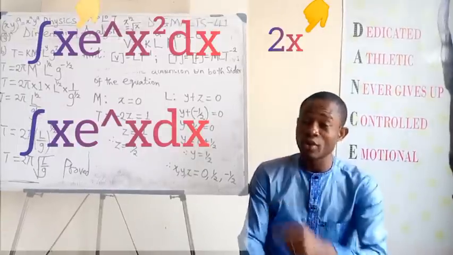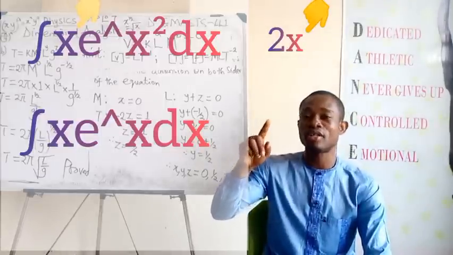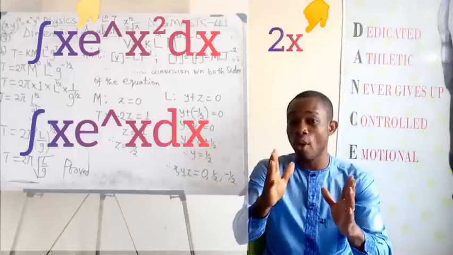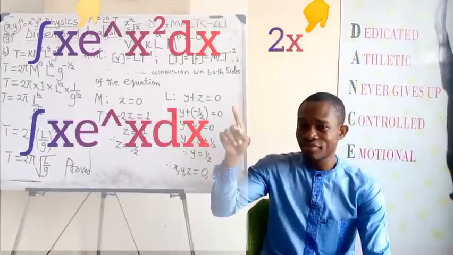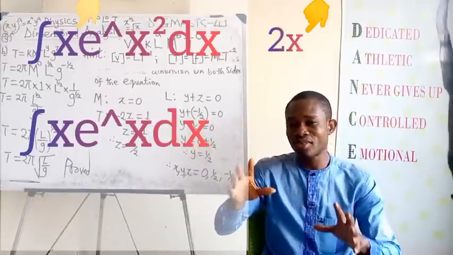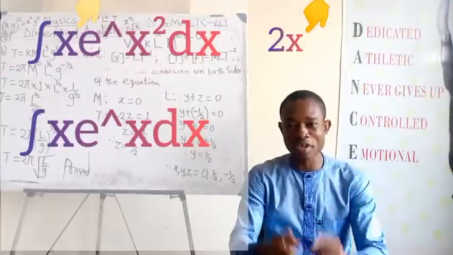Remember, in the given question we have integral x times exponential x squared dx. So the x that is multiplying the exponential, the power is 1. Is that not so? When you differentiate the x squared, the x it produced, you got 2x. The x it produced, the power is also what? Power 1. This is wonderful.